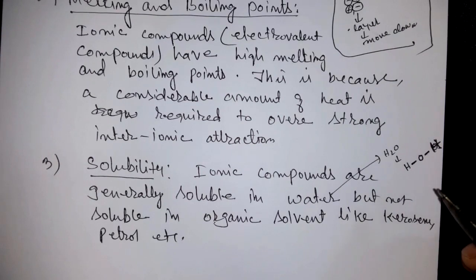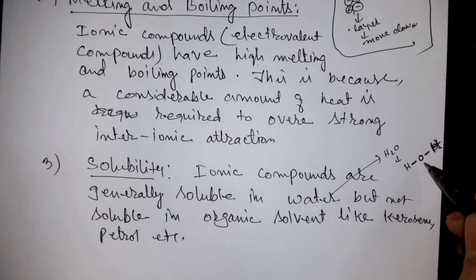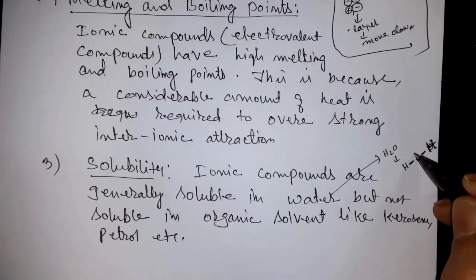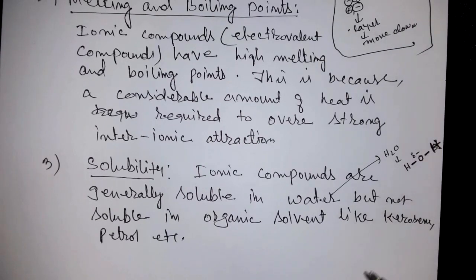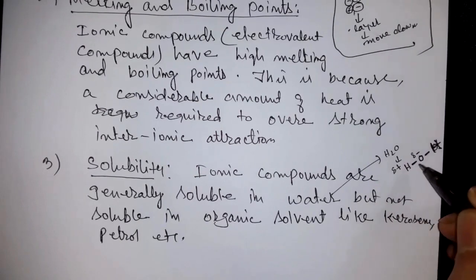In a simple way, at class 10 level, we can say that these two shared electrons are supposed to be in the middle of H and O, but since oxygen has more attraction for electrons, the shared electrons will go a little nearer to oxygen, and because of that the oxygen will develop a small negative charge. Small negative charge is represented by adding a delta sign here, and the hydrogen will get a small positive charge because the shared electrons are going a little near to oxygen instead of staying in the middle.